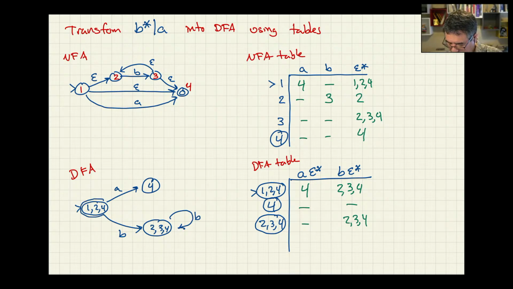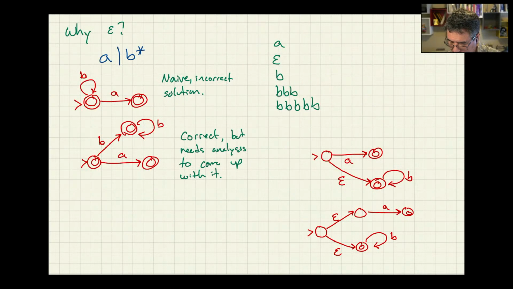And then all of these are accepting because all of these were. And here's our DFA. And notice that it is identical to the one we came up with before. Oh, this one.